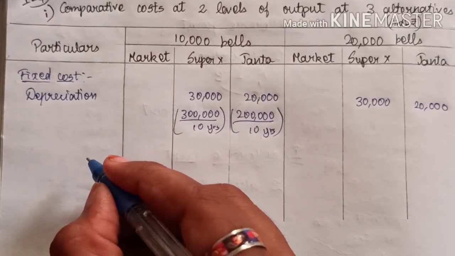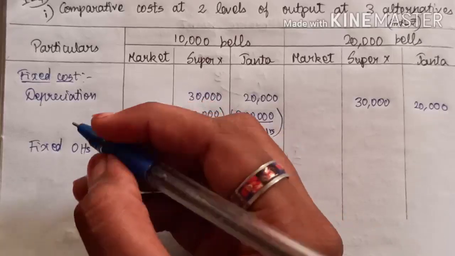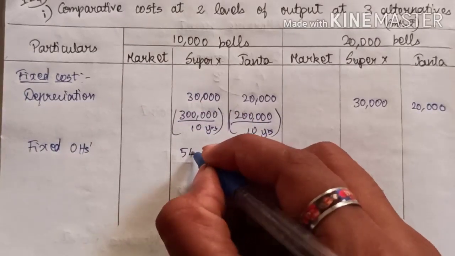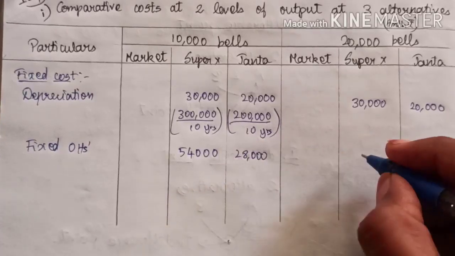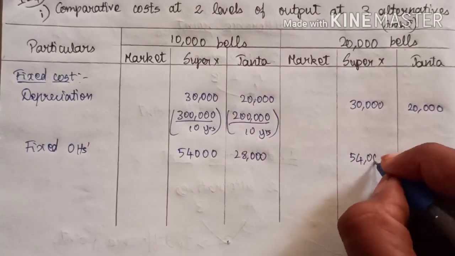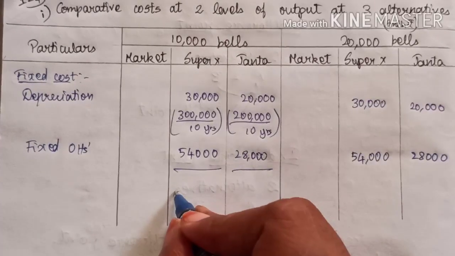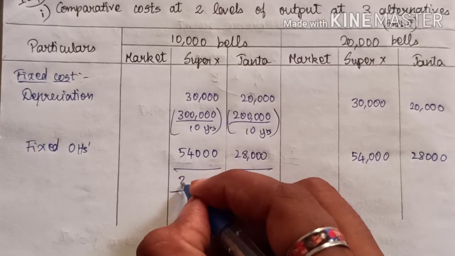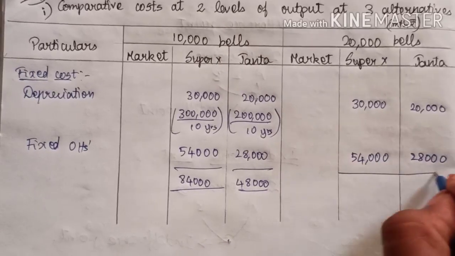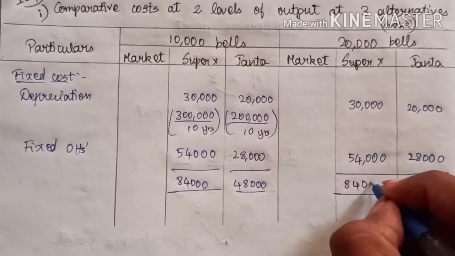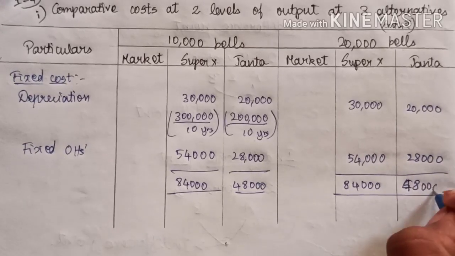And then fixed cost, that is fixed overheads. It will be 54,000, 28,000, and the same here, 54,000 and 28,000. The total is 84,000, and here 48,000.